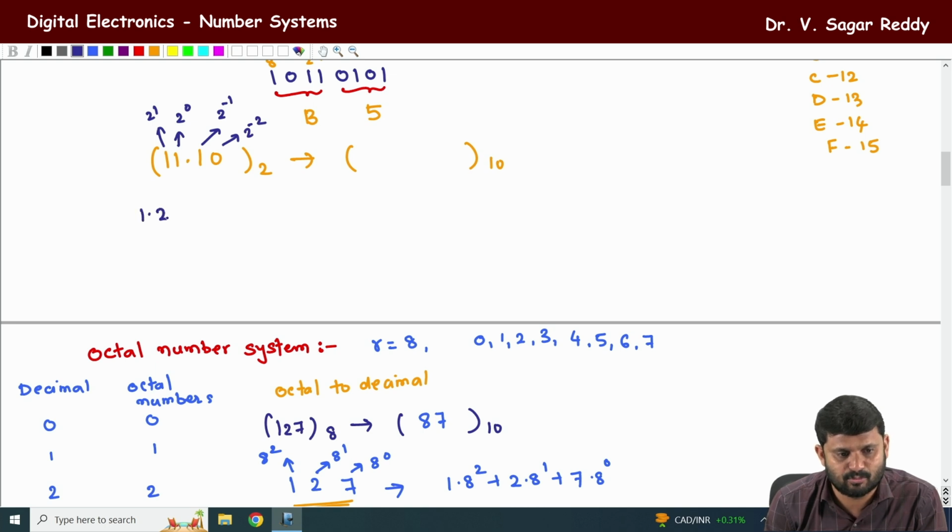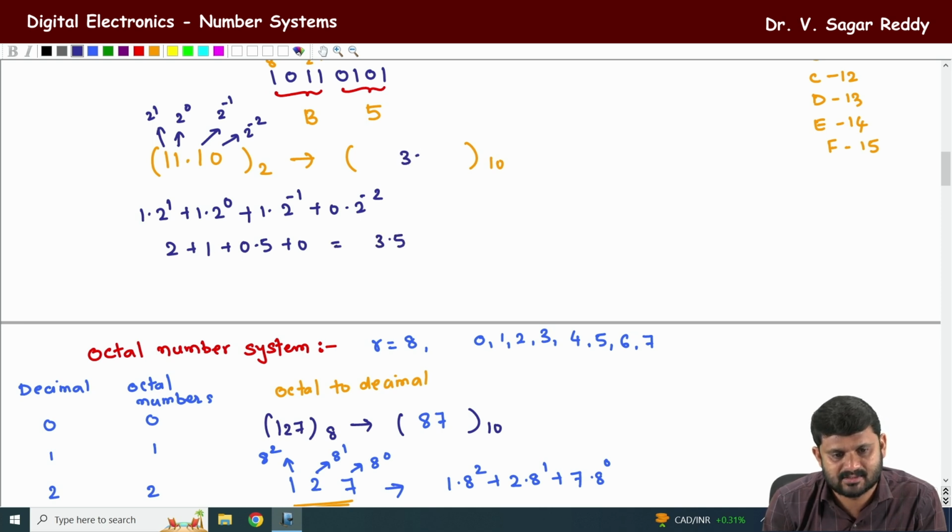I'll get 1 into 2 power of 1, plus 1 into 2 power of 0, plus 1 into 2 power of minus 1, plus 0 into 2 power of minus 2. Now 2 plus 1, and this is 0.5, plus 0. So this is 3.5. It's the decimal equivalent for the given binary.